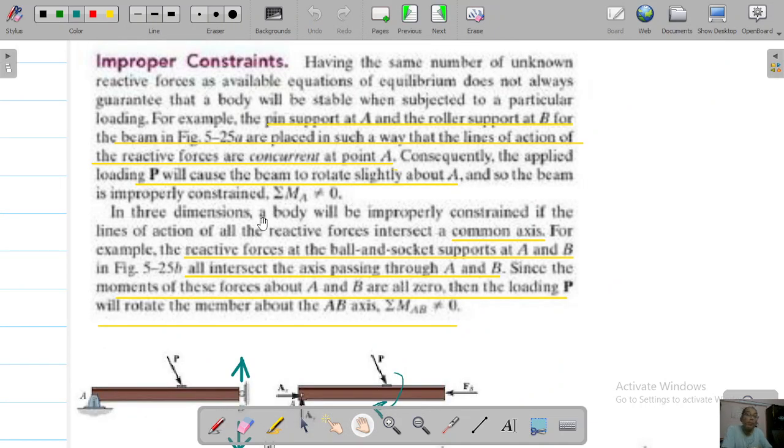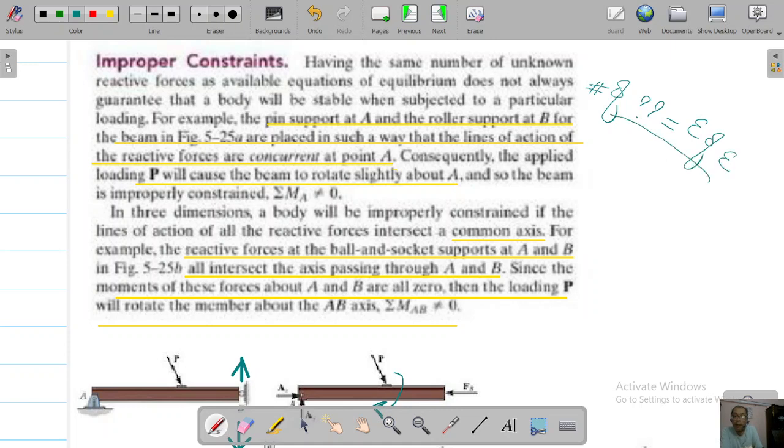Now we go to improper constraints. Sometimes we should not take it easy when we have the same number of reactive forces, which means the number of supports equals the number of equations of equilibrium, that is, the number of unknowns equals the equations of equilibrium.